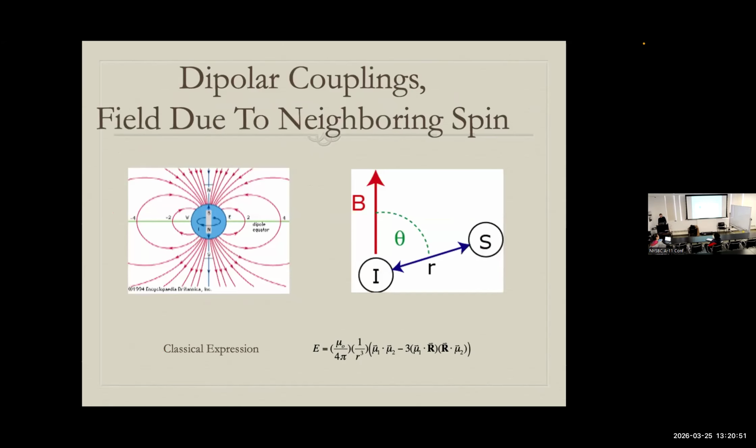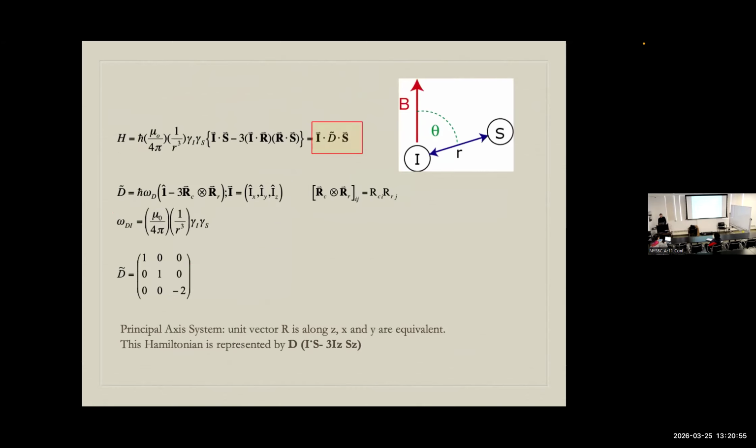Okay, so remember this classical expression, these complex spatial dependencies, the fact that we use spherical harmonics. We reviewed that this is the Cartesian representation, 1, 1, minus 2, which corresponds to a prefactor determined by the distance and the choice of gamma, which we have up there.